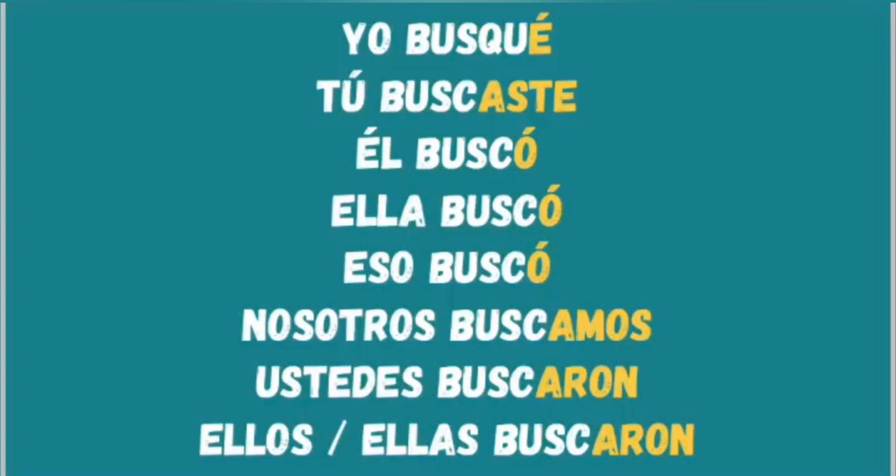That's why it's an irregular verb. Now, if you want to say he searched, in Spanish you have to say él buscó. If you want to say she searched, then you have to say ella buscó. If you want to say it searched, then you have to say eso buscó.